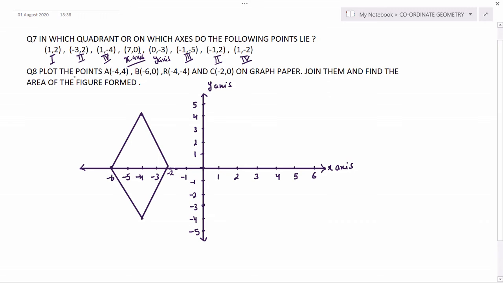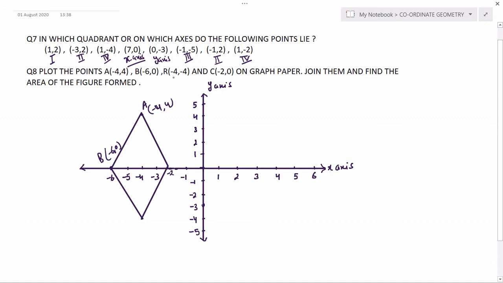Now let us see. Plot the points (-4, 4). You can see in this figure -4 is here, and I went up along with it, so this is my (-4, 4) position. Next, this is my A point. B is (-6, 0): -6 is here. For 0 you do not go up or down, so this is my (-6, 0).